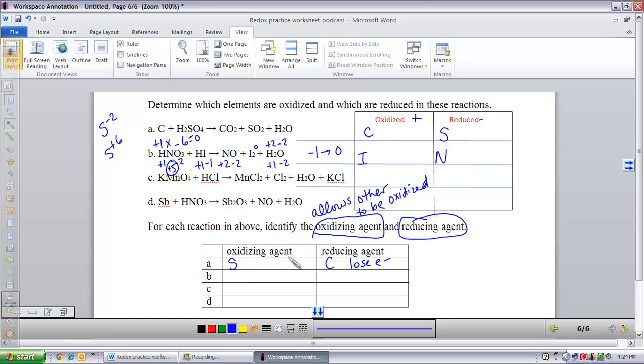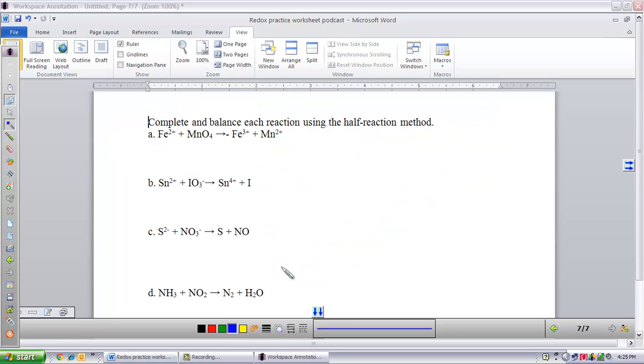Sulfur is the oxidizing agent because sulfur is an agent representing carbon that allows carbon to become oxidized, because he gained electrons. All right. So in the case of this one, iodine is the reducing agent because he's oxidized, and nitrogen is the oxidizing agent because he's reduced.